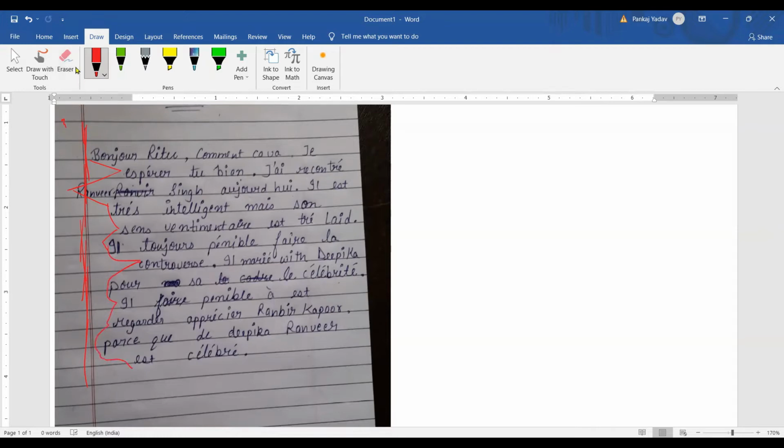Never do this kind of mistake. Always write by respecting this line, because when you are a student, these things hardly matter to you, but as a teacher, when I observe copies in the basic A1 level, or even TCF, I feel a bit bad.